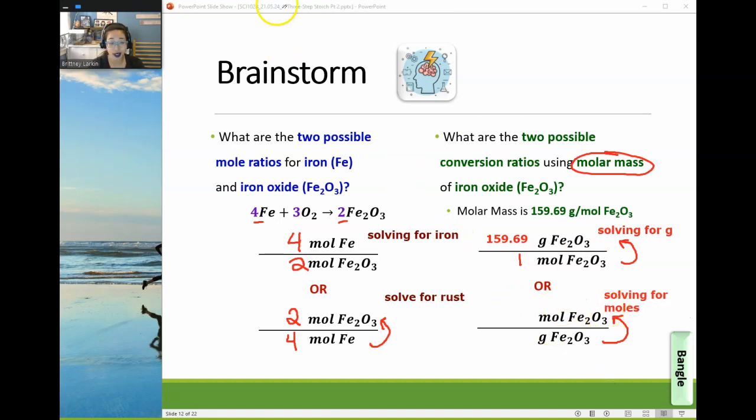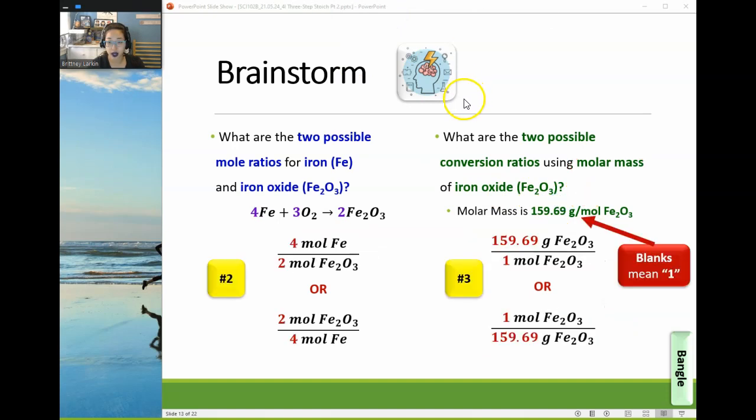But again, the same numbers need to go with their units. So 1 still goes with moles because we still have a blank or a 1 next to moles in our molar mass. And 159.69 still needs to go next to grams because we have that next to grams in our molar mass.